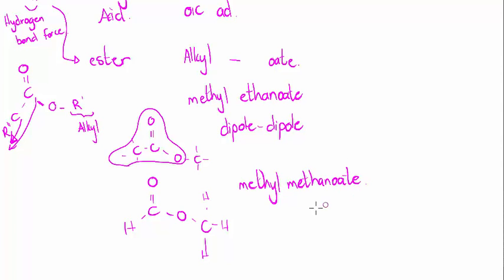Which one will have a higher boiling point between methyl methanoate and, let's also choose another, two carbons, so let's go for ethanoic acid, and also ethanol.